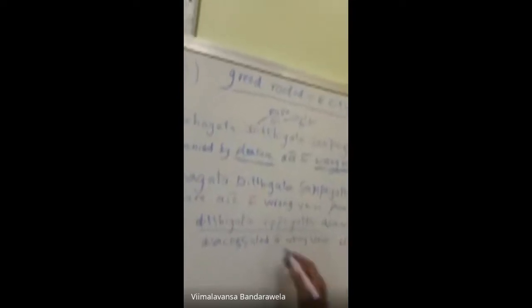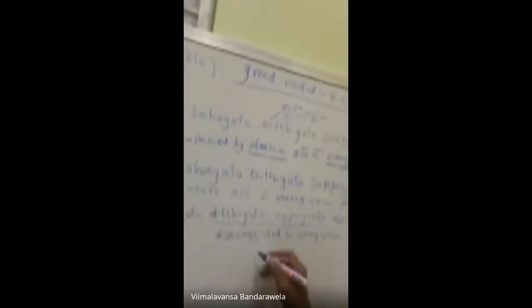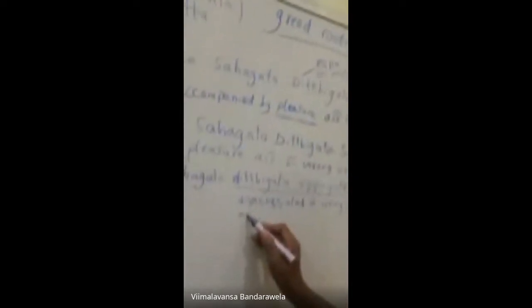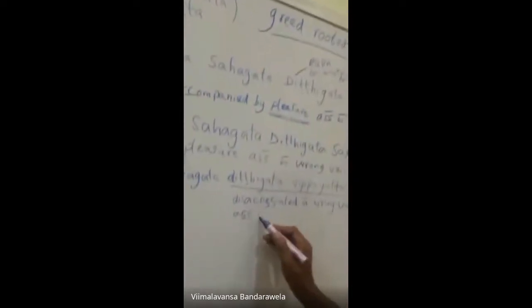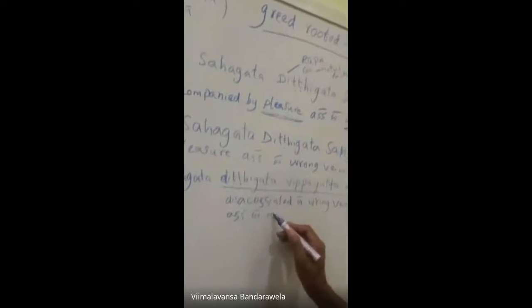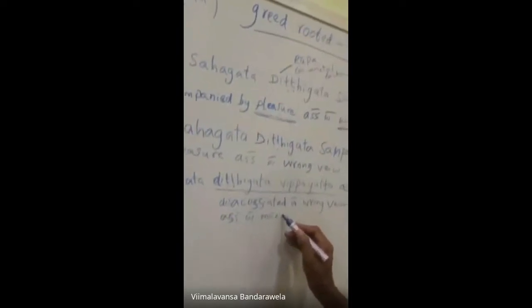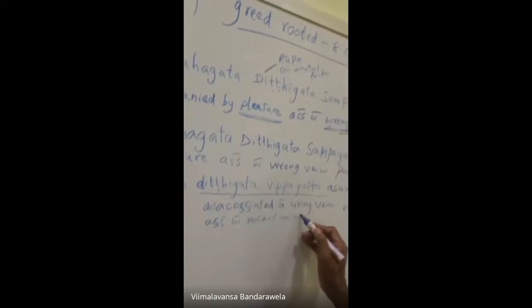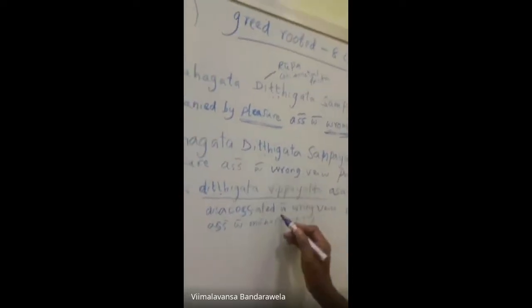Please write it down. Dissociated with wrong view means it is associated with mana. Mana means conceit. Right? Conceit.